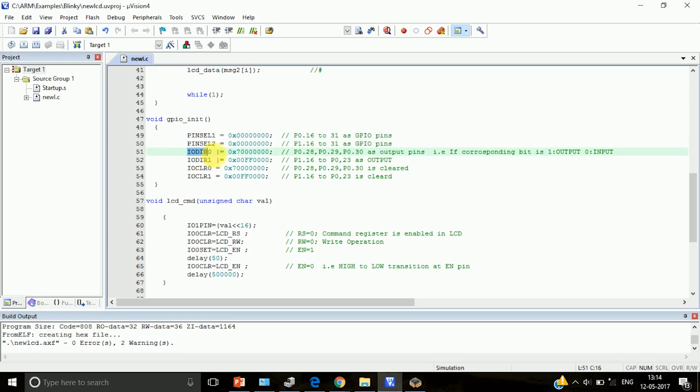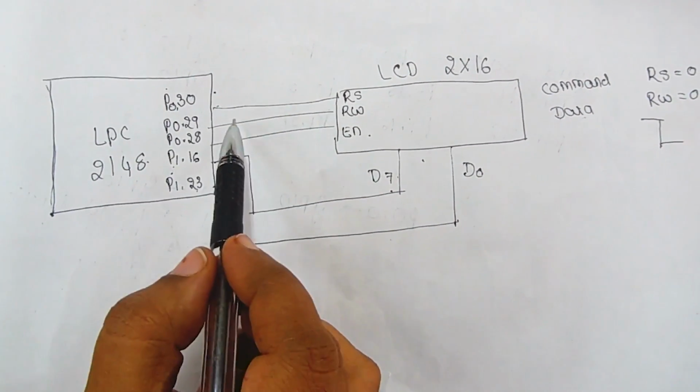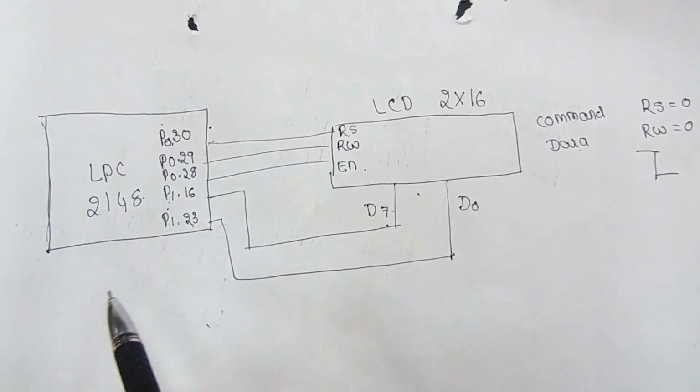Once we configure them as GPIO pins, the next thing is we have to select whether they will perform input operation or output operation. Now in this diagram, as you can see, 28, 29, 30 are used to send the control signals to LCD.